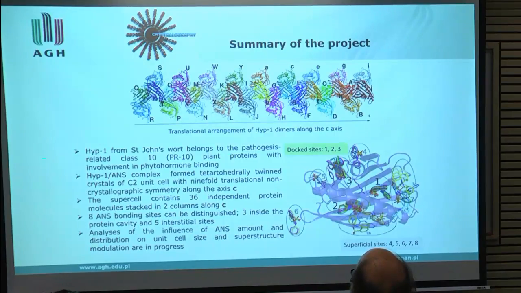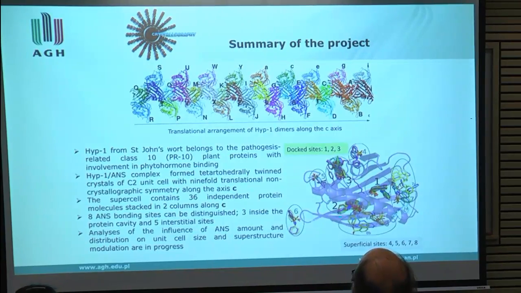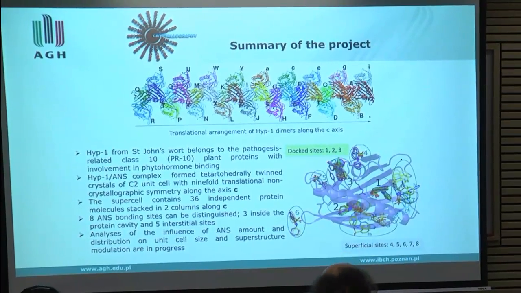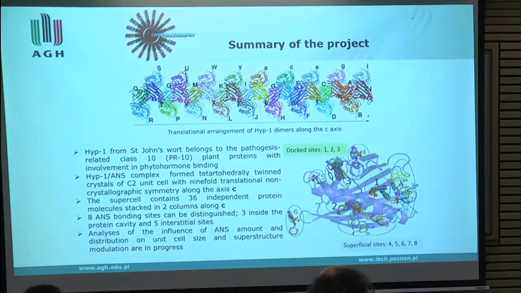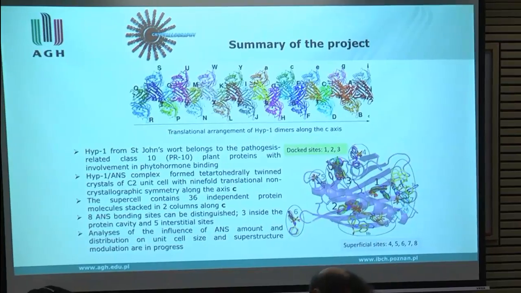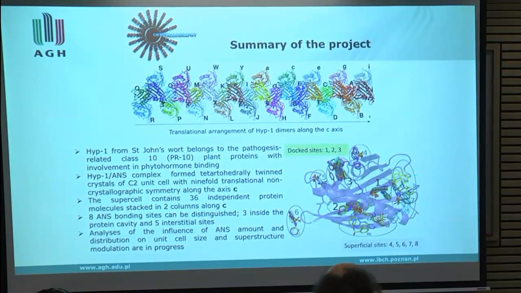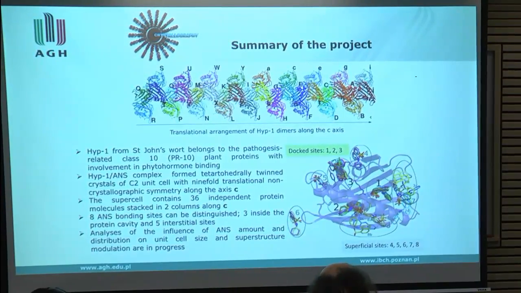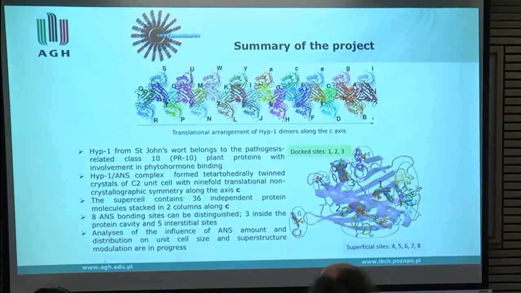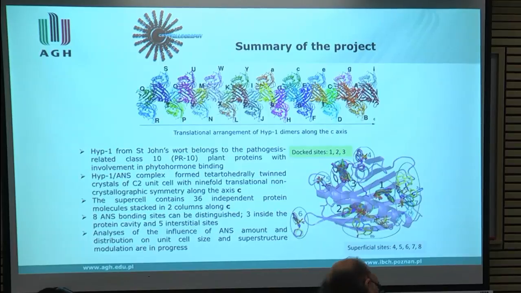According to current results, the Hyp-1 protein is involved in phytohormone binding. The main PR10 fold of Hyp-1 protein consists of seven-stranded antiparallel beta sheets wrapped around the C-terminal helix alpha 3.